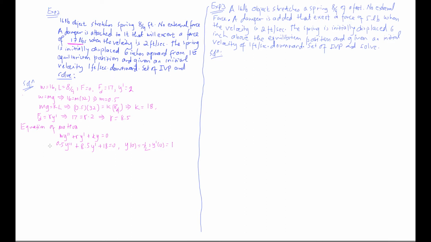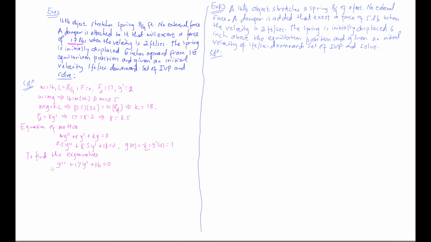Okay, so next, if you simplify this, to find the eigenvalues, what you do is solve y double prime plus 17 y prime plus 36 y equals 0, right?